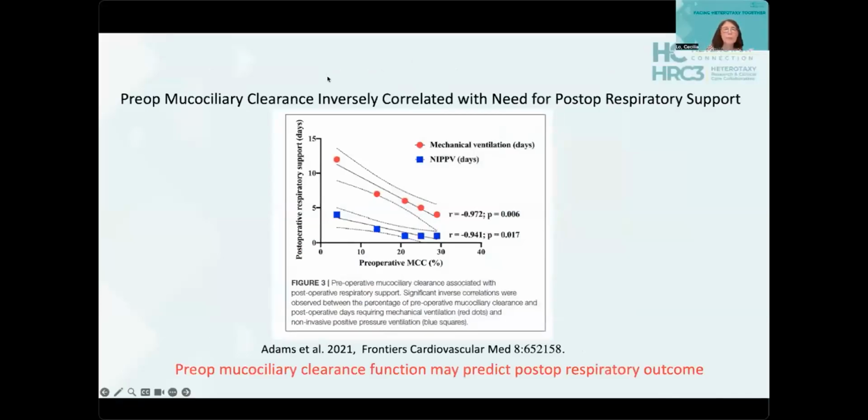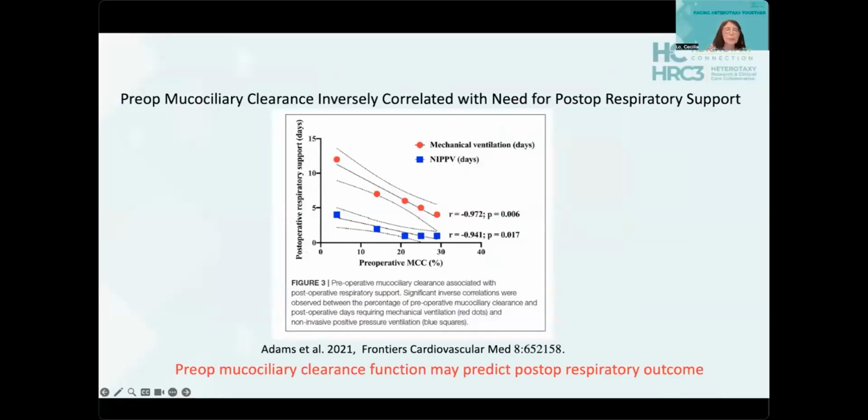So in a preliminary, or I should say in a pilot study, we looked at pre-op mucociliary clearance and then looked at how it relates to post-op respiratory support. And what we find interestingly is that the higher the pre-op mucociliary clearance, the lower the need for post-op respiratory support in the way of mechanical ventilation days, or in the need for non-invasive positive pressure ventilation days.